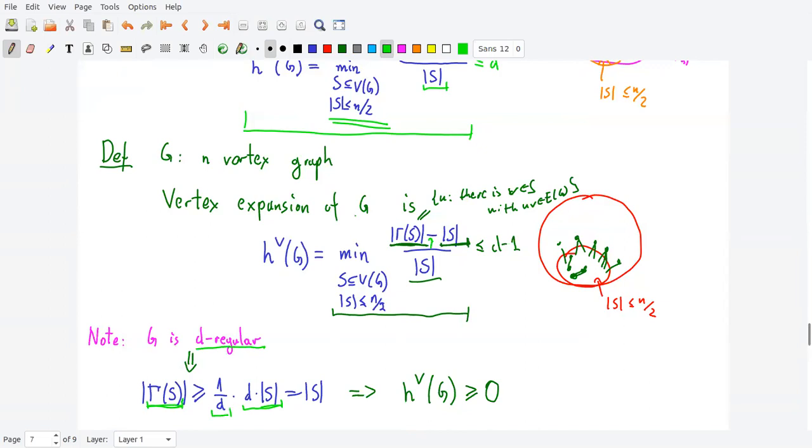So by double counting, you see that the size of Gamma of S is at least 1 over d, because in each element of Gamma of S, d edges can meet, times the total number of edges sticking out of S. And this is at least the size of S. So this means that the quantity is never smaller than zero. So the vertex expansion in a d-regular graph is never negative.